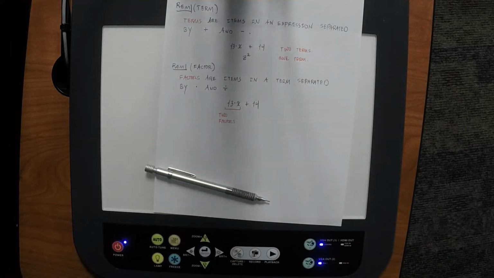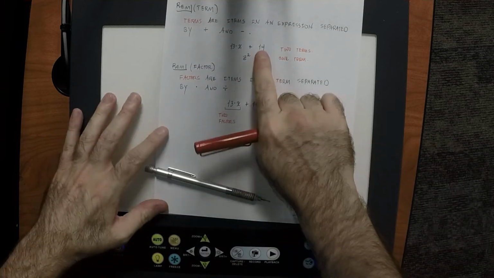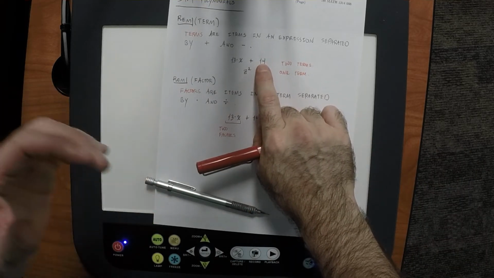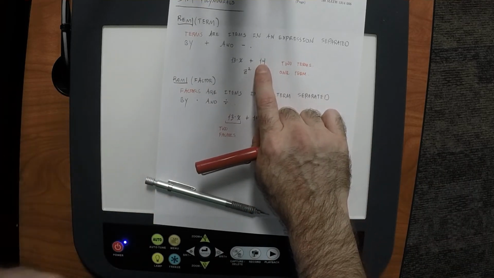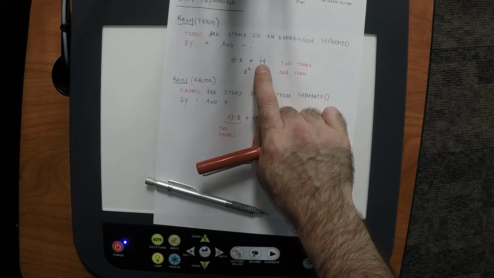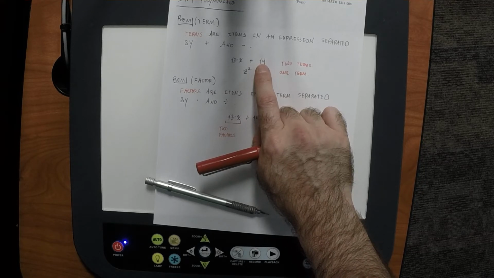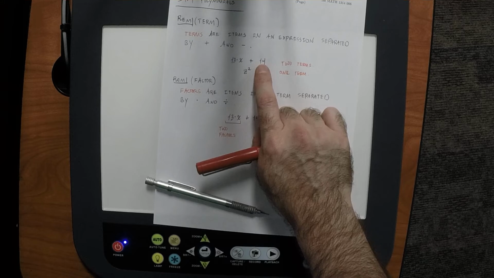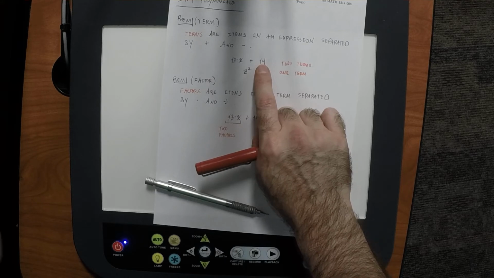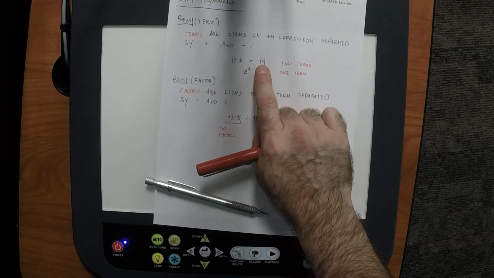And you need to understand that, given an expression, you can perform different simplifications to it. For example, that 14 there, that's a single term. But we could have written it as 1 plus 13, and then there'd be more terms. Or we could have written it as 1 plus 1 plus 1 plus 1, 13 times.